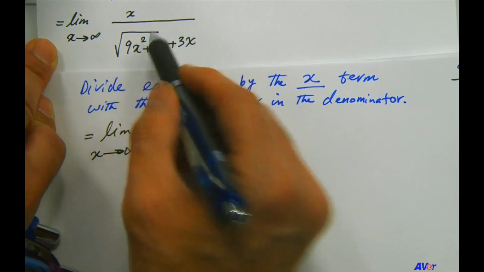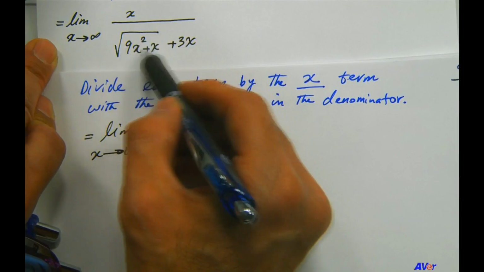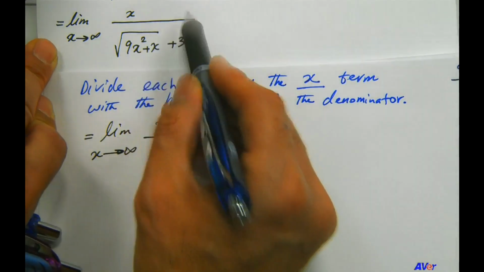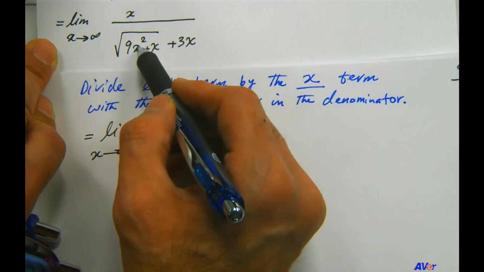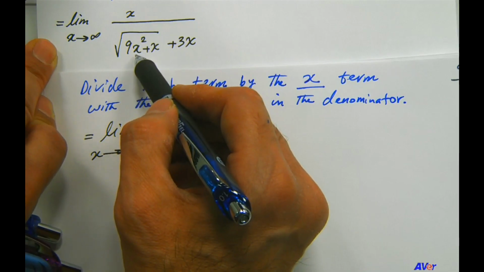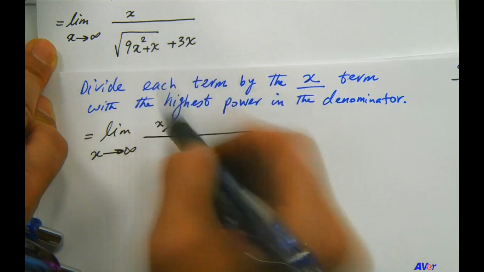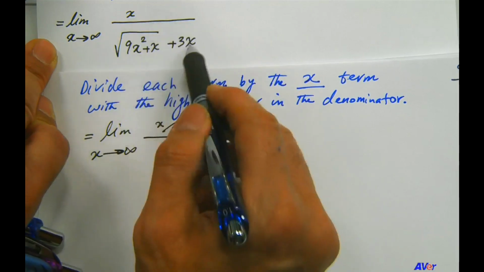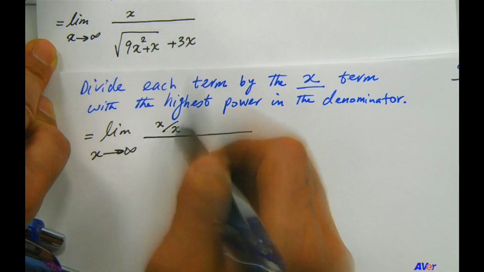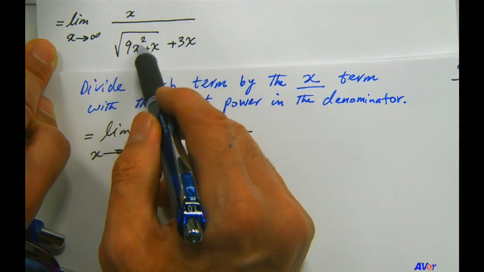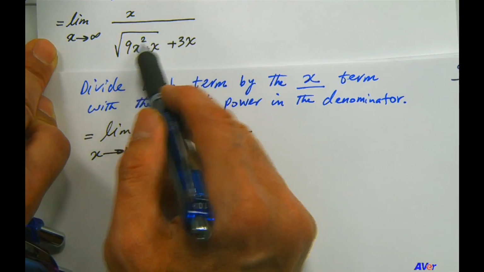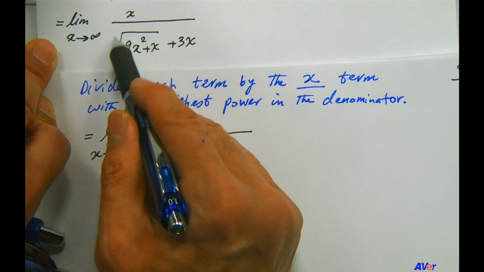Inside the radical, when we divide the terms inside the radical by x to first power, we have to divide by x squared, right? Because square root of x squared is x. So out here, when we divide by x, it's just x. But when we're dividing the terms under the radical expression, we should then accommodate the index here.